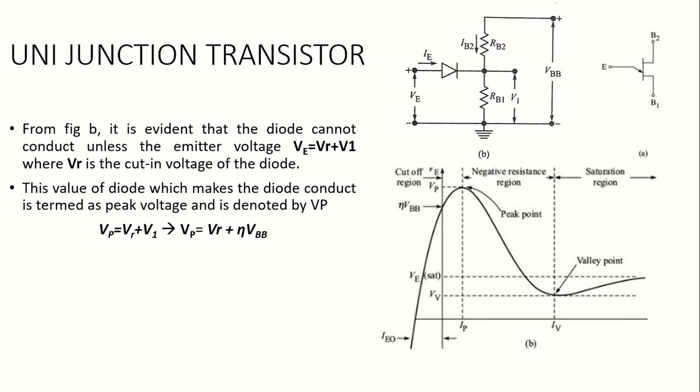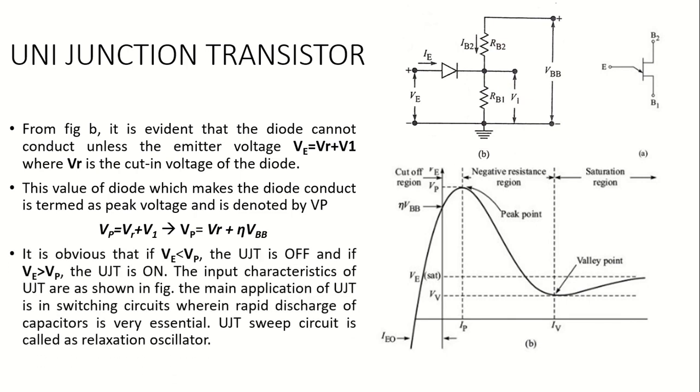See, the voltage which makes this diode conduct is termed the peak voltage, denoted by VP. VP equals V gamma plus V1, and since V1 equals eta VBB, which was derived in the previous slide, substituting that we get VP equals V gamma plus eta VBB. So this is the explanation of this graph.